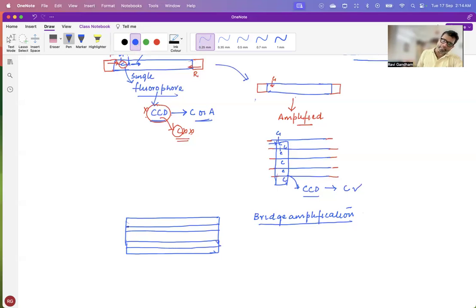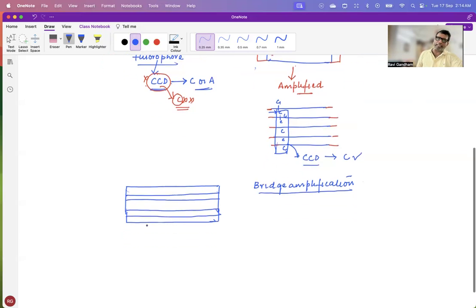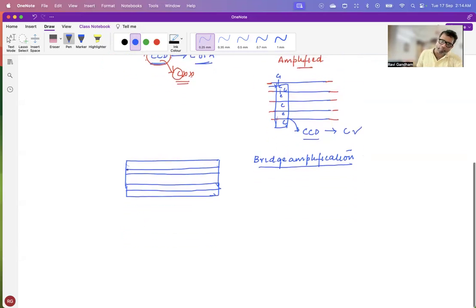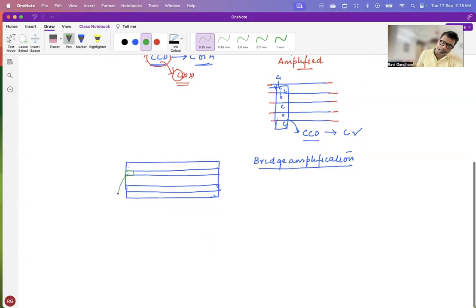And on these lanes, now I'll magnify them. Let us say part of this lane will be magnified. This particular part I'm taking and magnifying here. Now, look at this. This looks like a square that I've taken from there.